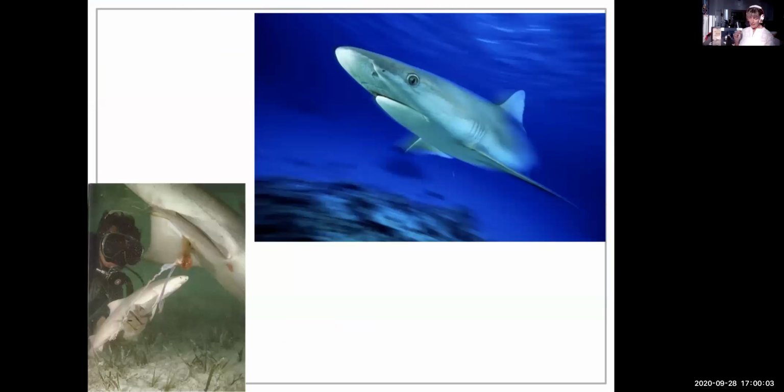There are different methods of reproduction in sharks. So I'm going to give you a couple of words now you might not have heard before. One is ovoviviparous.